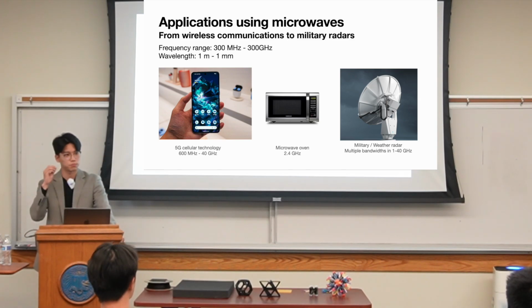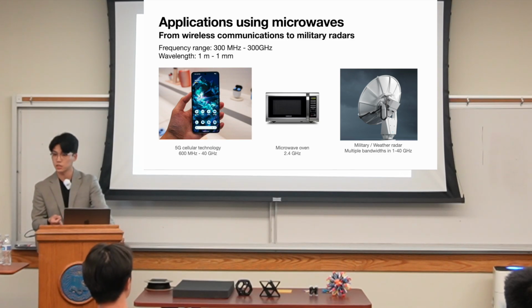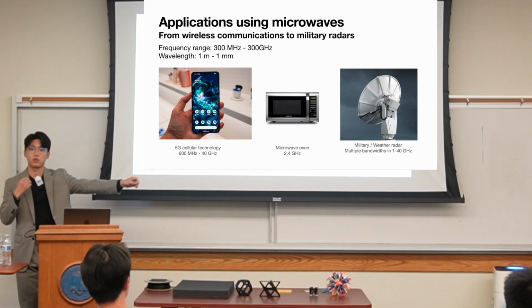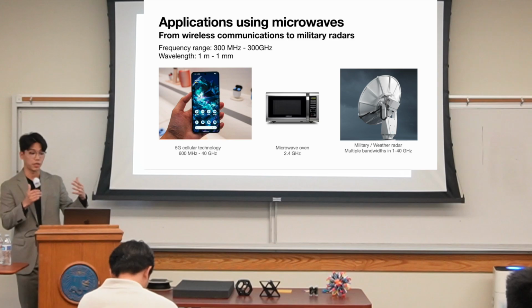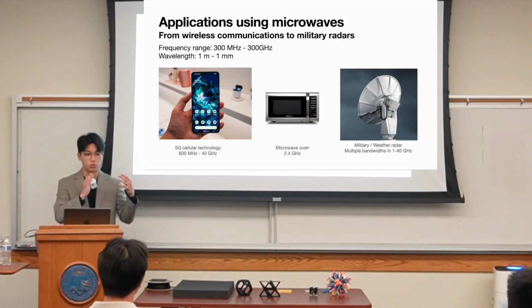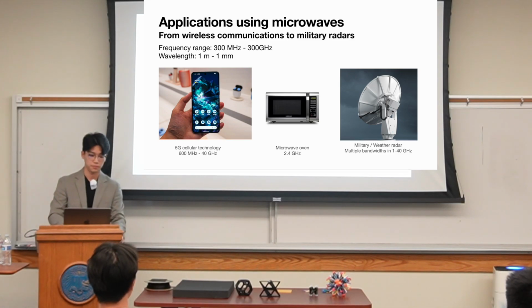And last part, which probably is the main focus of our talk today, is the military and weather radar. This enables detecting an object far away from your original point by using this microwave frequency. And this range goes from 300 megahertz up to 300 gigahertz.